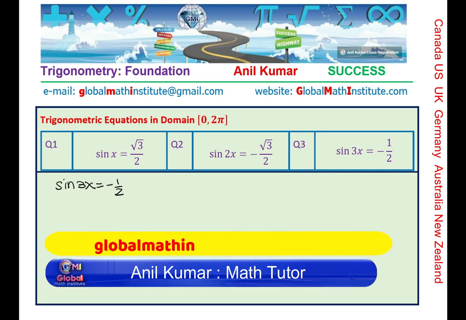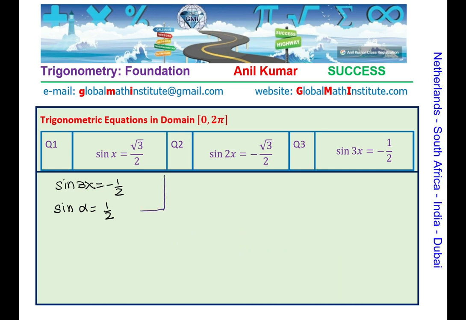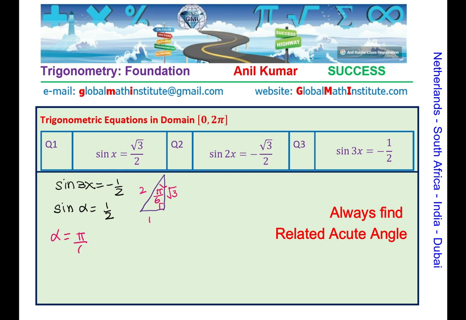First we find the related acute angle: sine alpha equals half. For half, we are going to use the special triangle, 1, 2, square root 3. Sine is half at pi by 6. So we know that alpha is pi by 6.